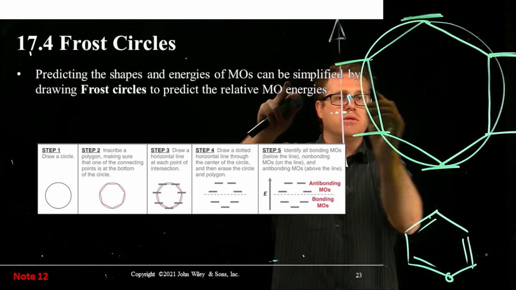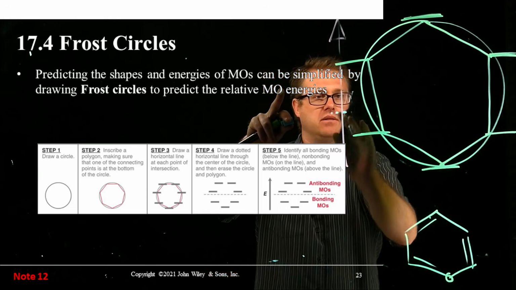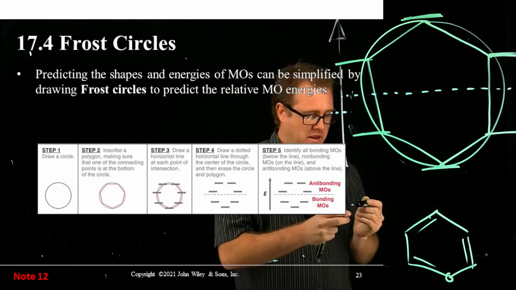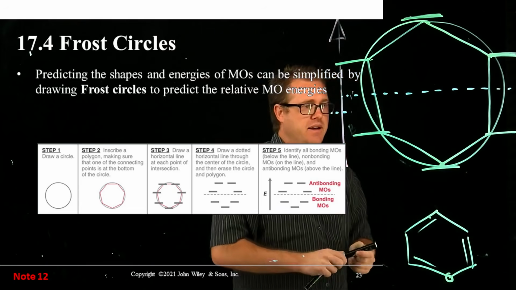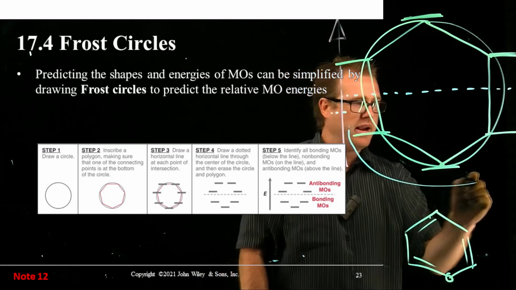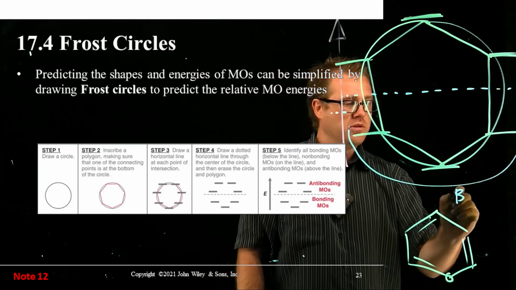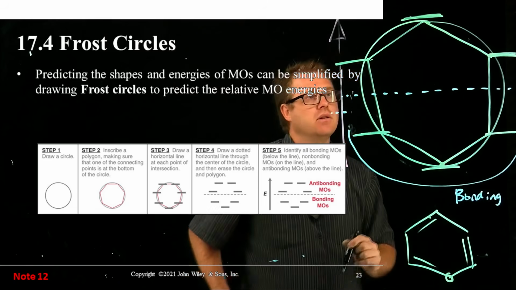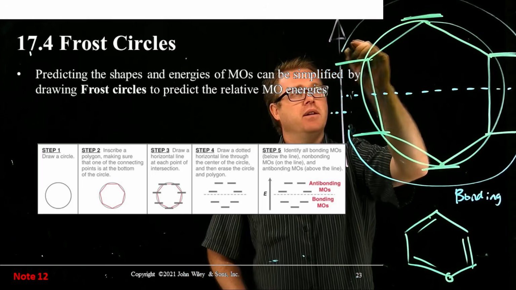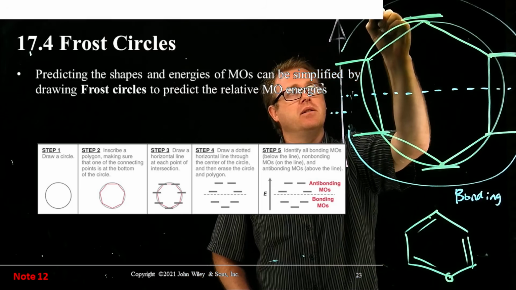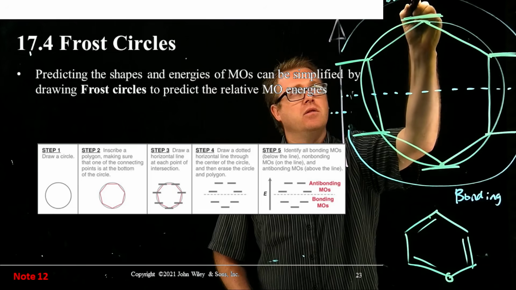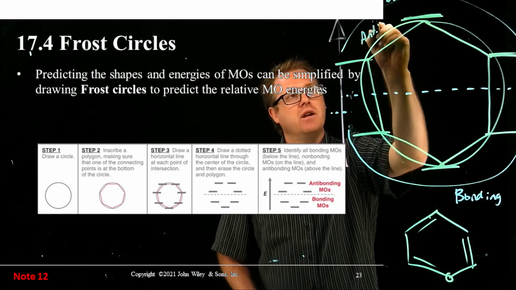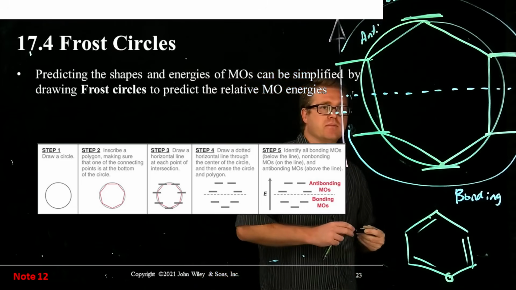We take the circle and go right down the middle and draw a dotted line. So what that's telling us here is these 3 right here are bonding molecular orbitals, and these 3 up here are anti-bonding orbitals.